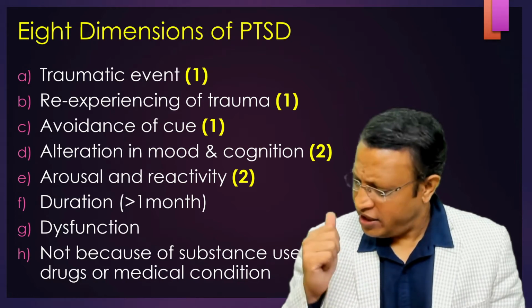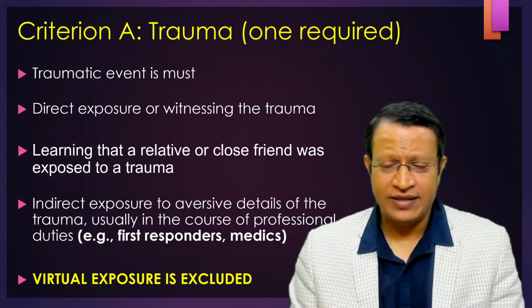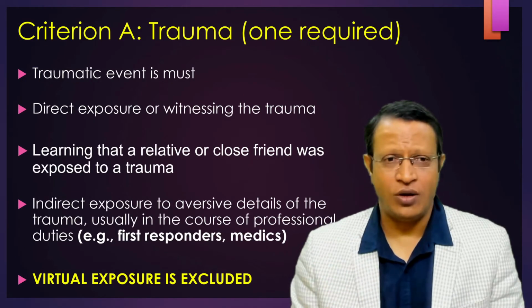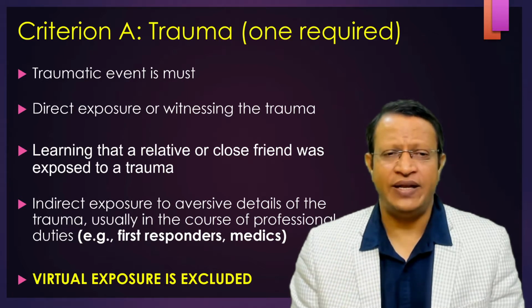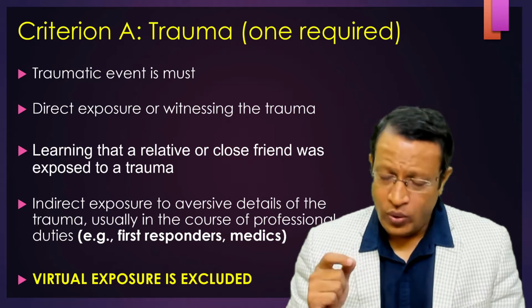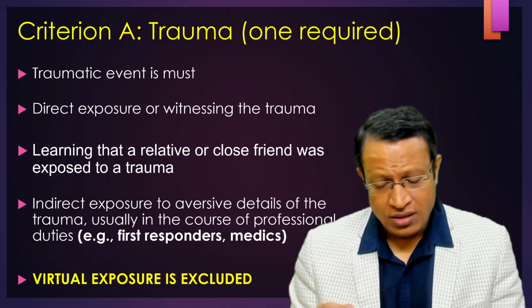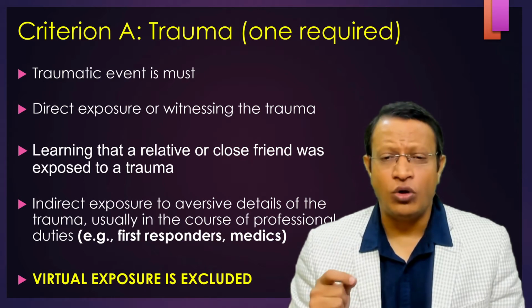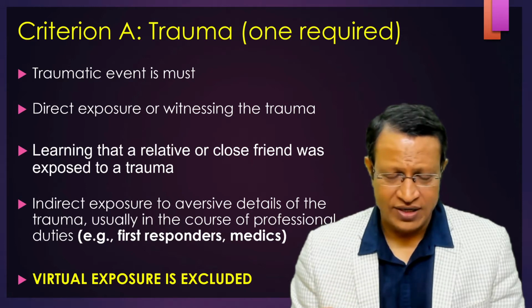Let's discuss each one of these criteria. Criterion A, that is trauma, at least 1 is required. That means a traumatic event is a must for the diagnosis of PTSD. The trauma should be either direct exposure or witnessing the trauma. Along with that, if a person learns that a relative or a close friend was exposed to trauma, that is also a traumatic event.